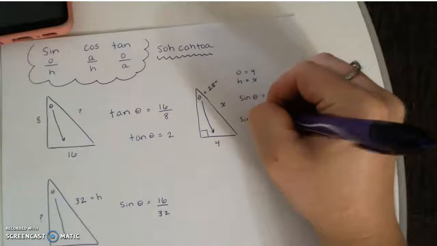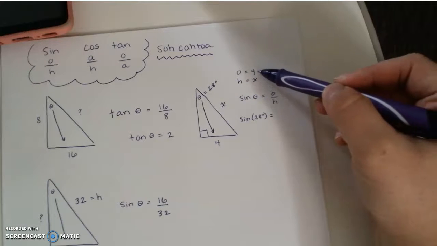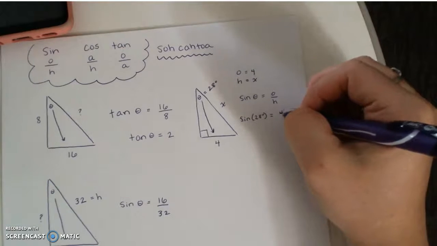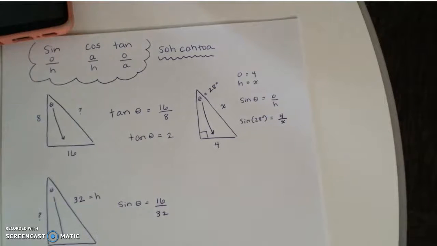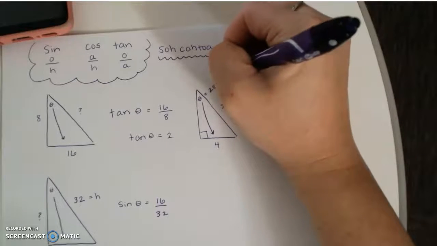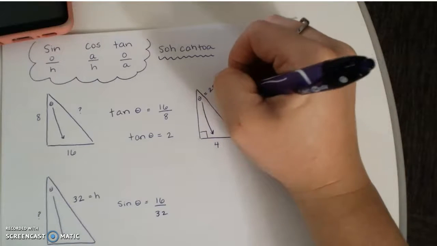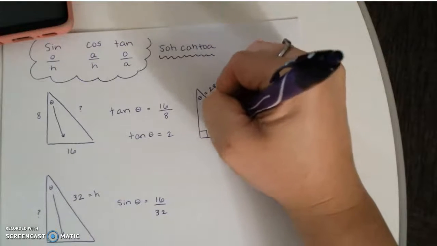And I can also plug in my two values for opposite and hypotenuse. So I know that my opposite is 4, and I don't know my hypotenuse. So all I've done is identify which sides I have and which I'm looking for, pick the equation that I'm going to use, and plug in my values.